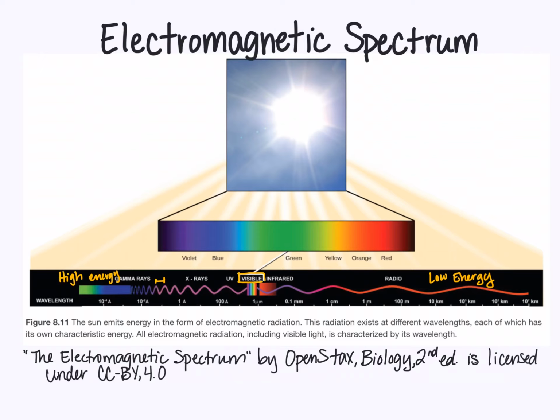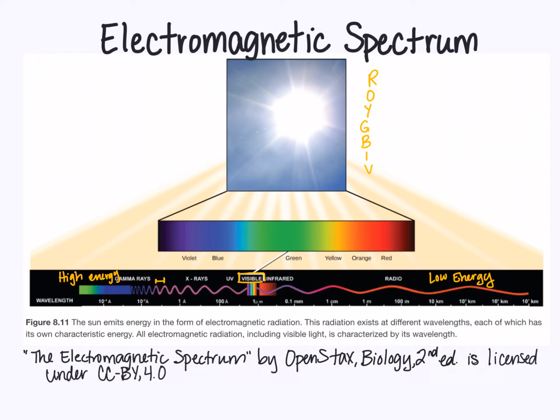We can't see radio waves and we can't see gamma rays or X-rays, but we can see the wavelengths of energy in this narrow range of the electromagnetic spectrum. And this is where we see our colors. This is our visible light. These are the colors that we can see. And you might be familiar with Roy G. Biv.